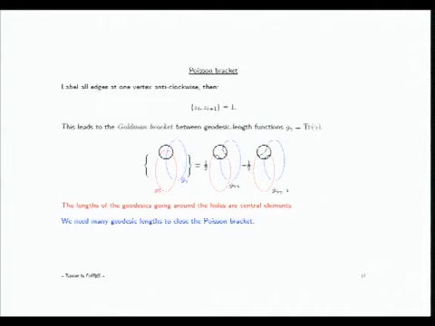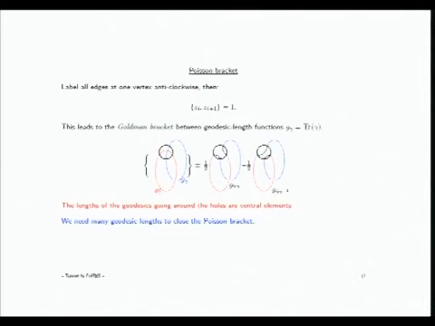And what they find, this is actually a result by Chekhov and Penner, I'm sorry I haven't written this here, is that this leads to the Goldman bracket between geodesic length functions. So this is a representation of it. What I mean by this is this. We take, so this is maybe actually not very useful today, so maybe I can skip it.